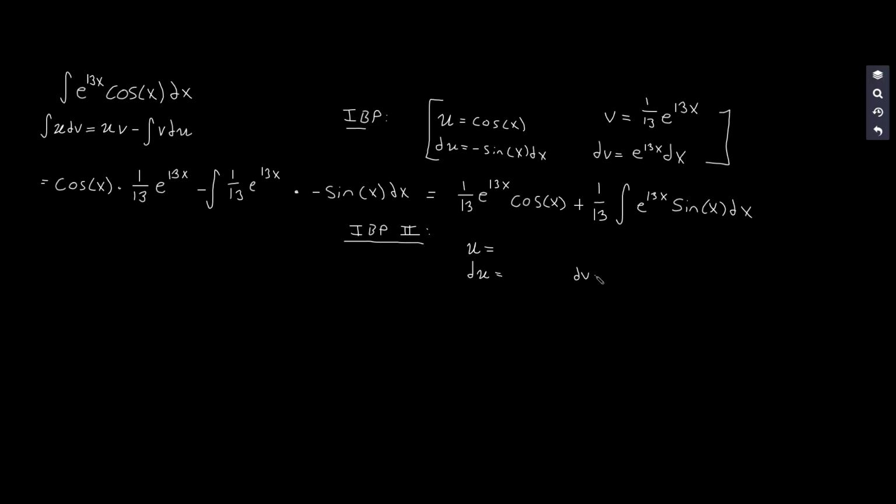We're going to look at what we have here, and we're going to say that it doesn't matter which one we pick, because it's e raised to the 13th times sine of x. And in this specific case, when you have the exponential, e raised to the 13 times x, and you have sinusoidal or cosinusoidal of x, it doesn't matter which one you assign u to. But in this case, I'll choose, again, to honor LIATE and put sine of x.